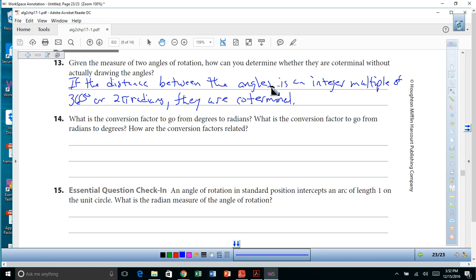Cool. All right. What is the conversion factor to go from degrees to radians? Well, degrees to radians would be pi radians over 180 degrees. What is the conversion factor to go from radians to degrees? Well, that would be 180 degrees over pi radians.